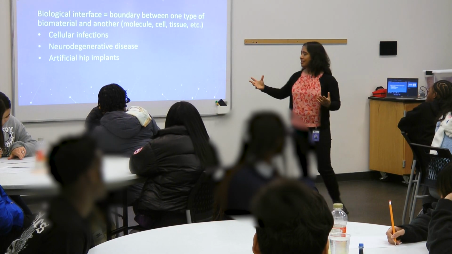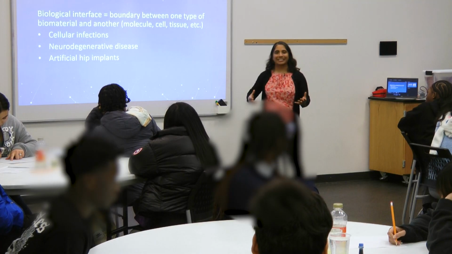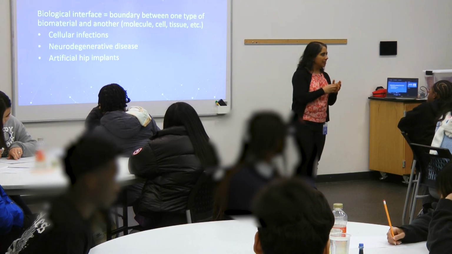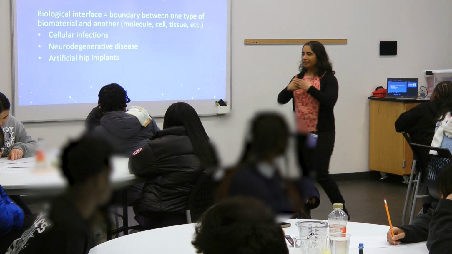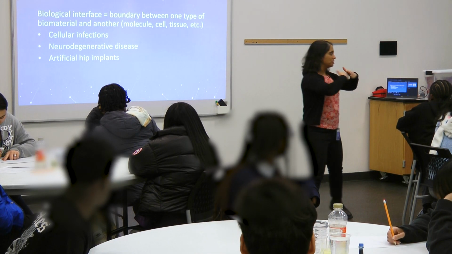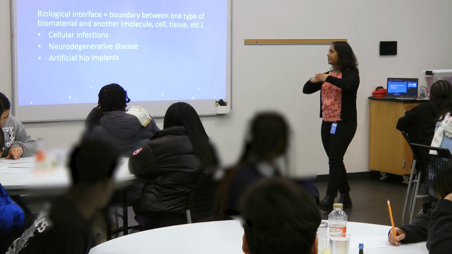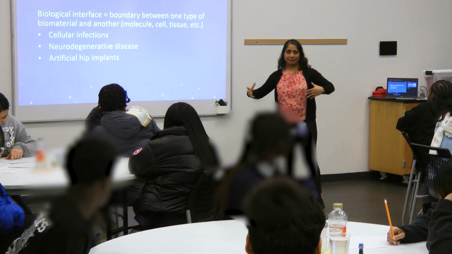And even at a larger scale, when you think about like hip implants, right, there's an interface between your body and then the material of the implant. So all of these kinds of boundaries between two different types of materials are what we call interfaces.